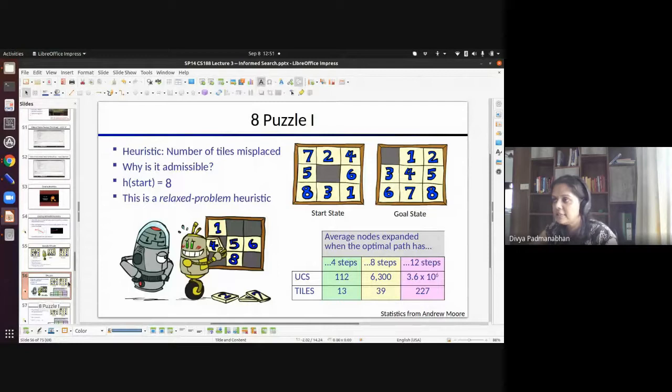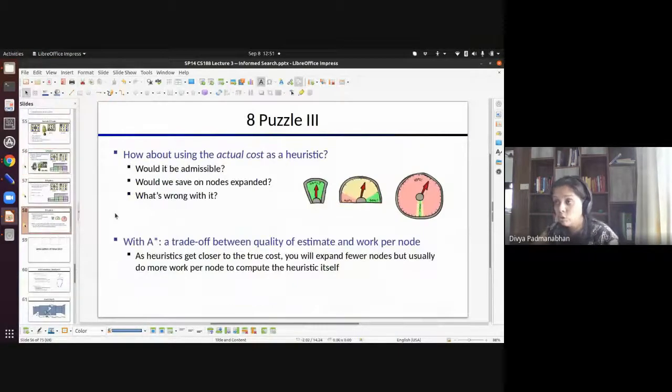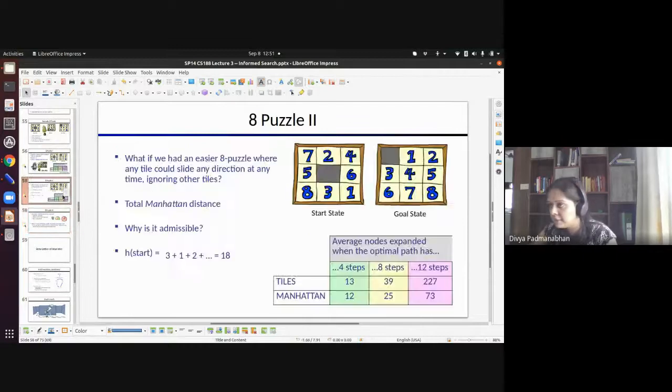Now, an alternate heuristic that you can use would be something like the Manhattan distance. Remember I told you you cannot move diagonally. You cannot move 7 to the blank tile. So the actions are always left or right, and up or down. You have to move along the x-axis and the y-axis in different moves.